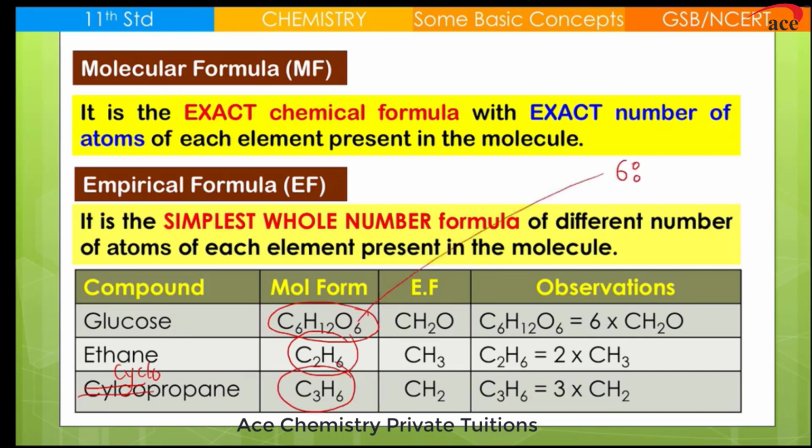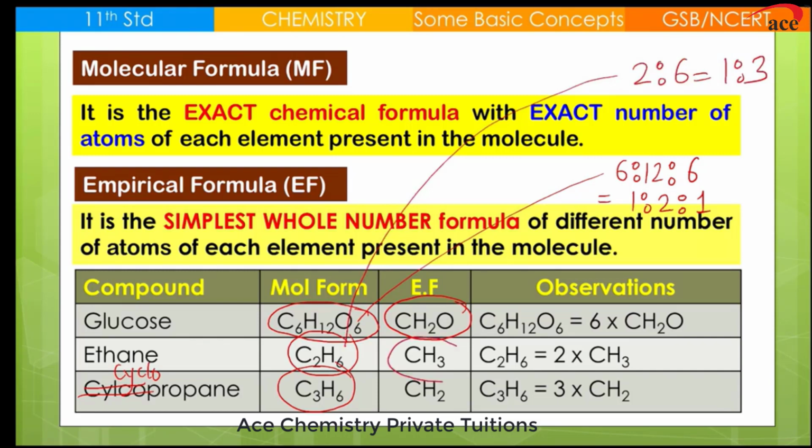For glucose, carbon, hydrogen and oxygen are 6, 12 and 6, so the ratio is 1 is to 2 is to 1. That is the empirical formula. Similarly for ethane, it is 2 is to 6, 1 is to 3. That is the empirical formula. Similarly, this is CH2.